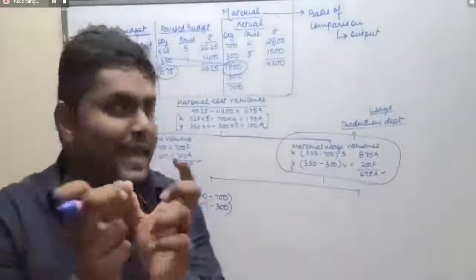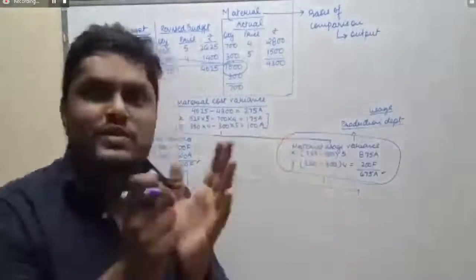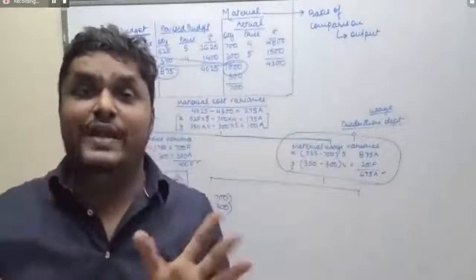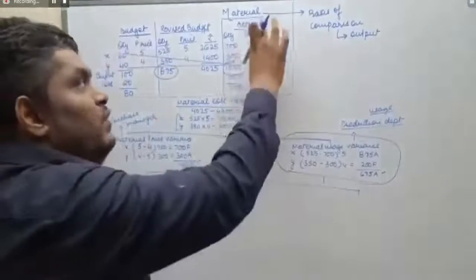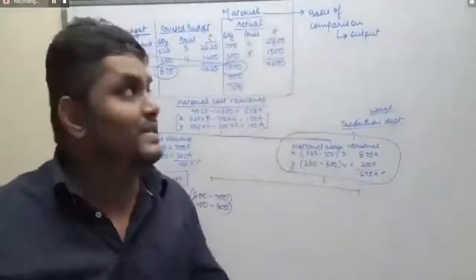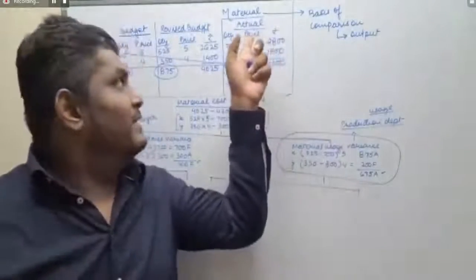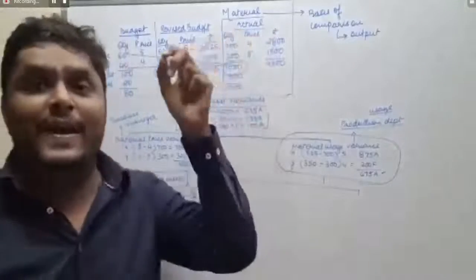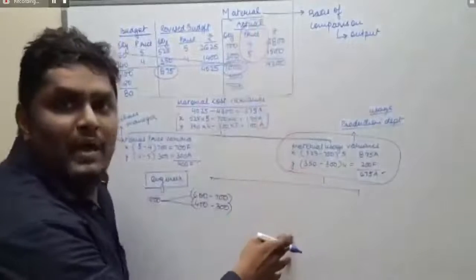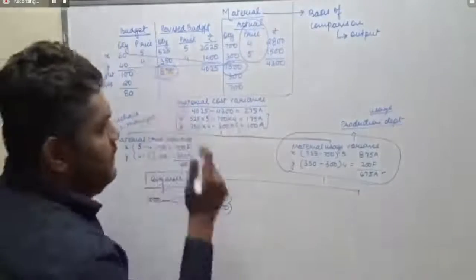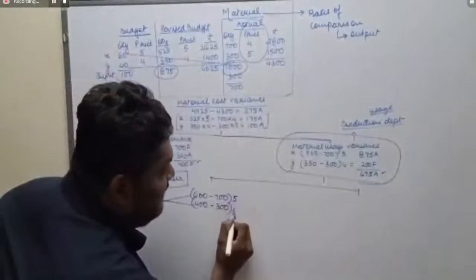Since this is the usage department, they are not concerned with the work done by the purchase manager. So we will ignore the actual price, because that is considered by the purchase manager. We will take the standard price only, that is 5 and 4.